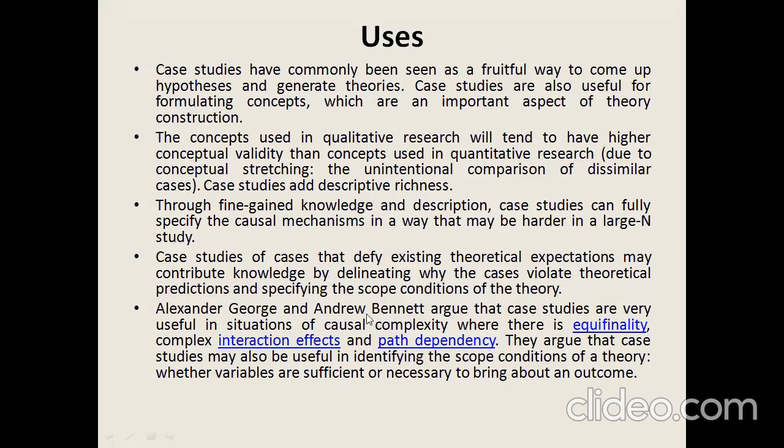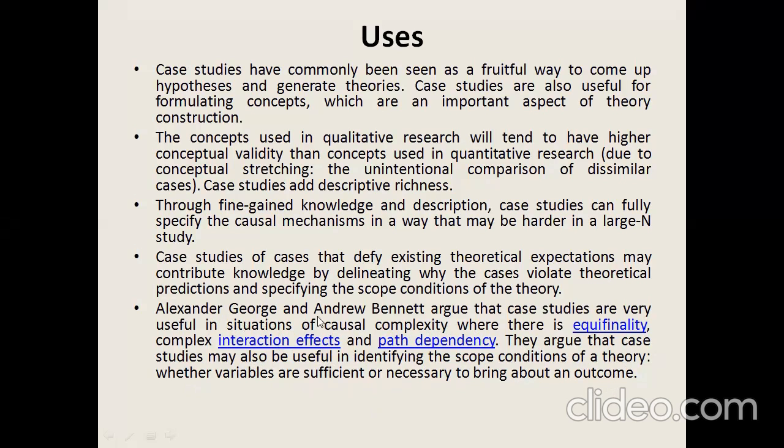Alexander George and Andrew Bennett argue that case studies are very useful in situations of causal complexity, where there is equifinality, complex interaction effects and path dependency. They argue that case studies may also be useful in identifying the scope conditions of a theory, whether variables are sufficient or necessary to bring about an outcome.